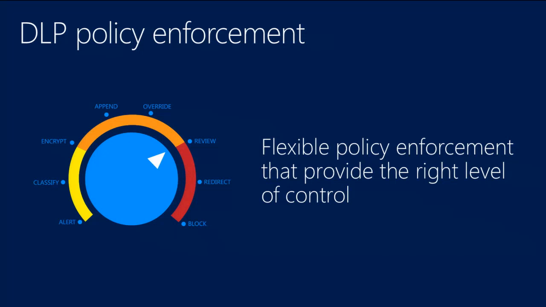And finally, hard controls such as redirections, blocking, and preventing the communication from taking place. The key takeaway is that you're in full control of defining the right control based on the risk level you associate with those policies.